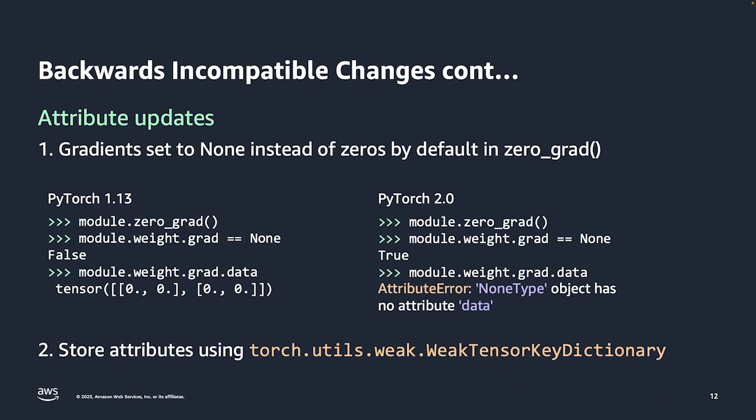Lastly, if you were using nn.Parameter or torch.Tensor to store attributes, torch.Tensor and nn.Parameter will now be serializing all the attributes. So if you do want to store attributes, use the tensor key dictionary.